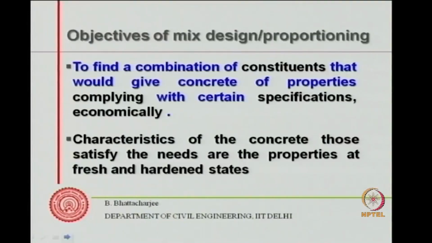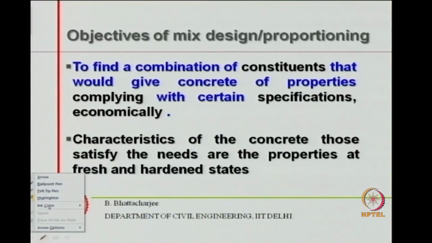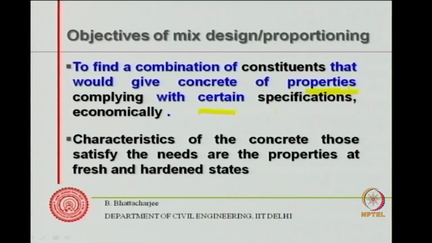Characteristics of the concrete that we would satisfy are the properties of fresh and hardened concrete. Constituents we would select such that we get the properties of concrete with certain specifications.